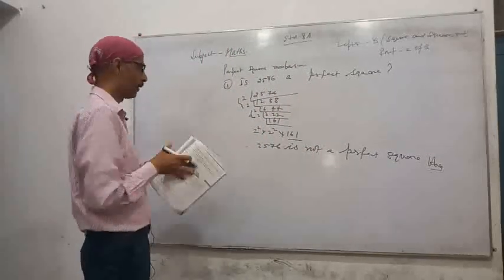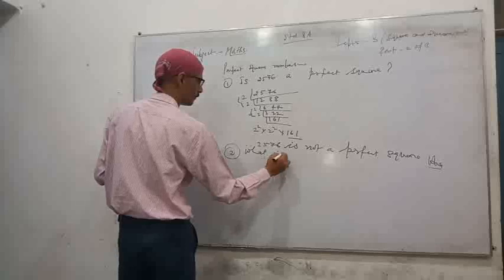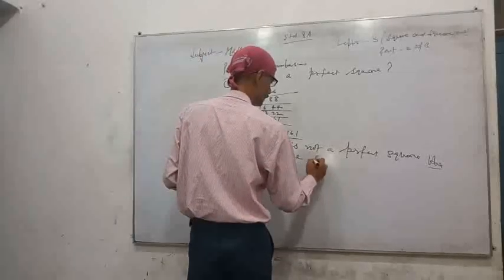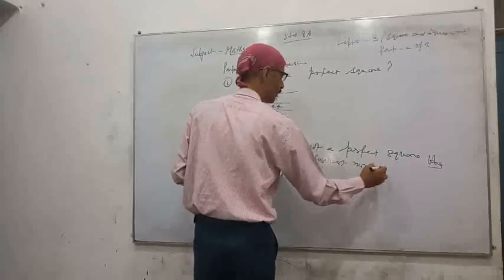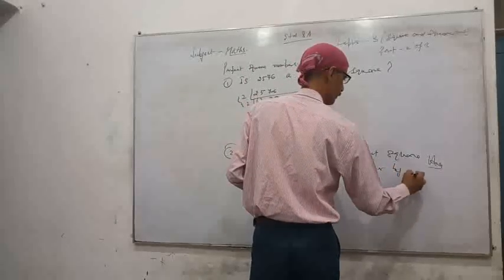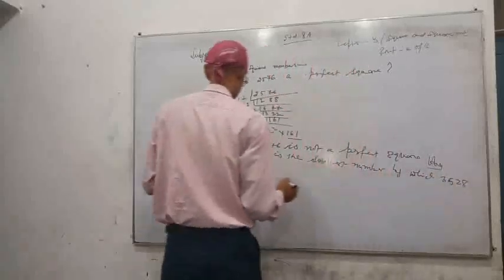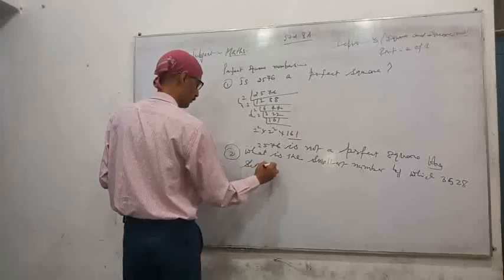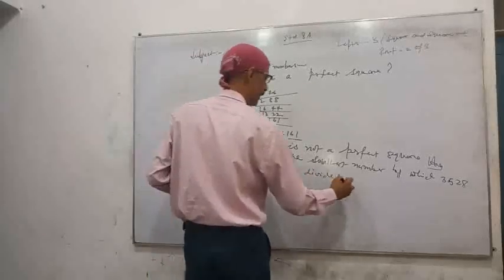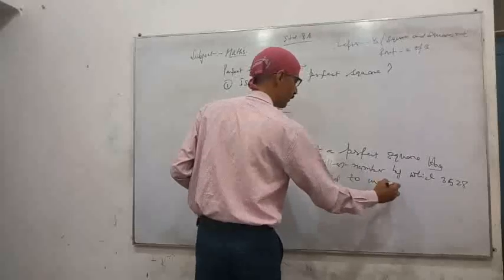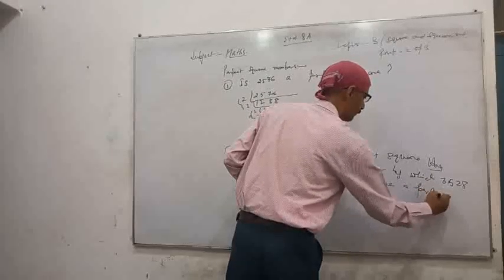Next is, what is the smallest number by which 3528 should be divided to make a perfect square?